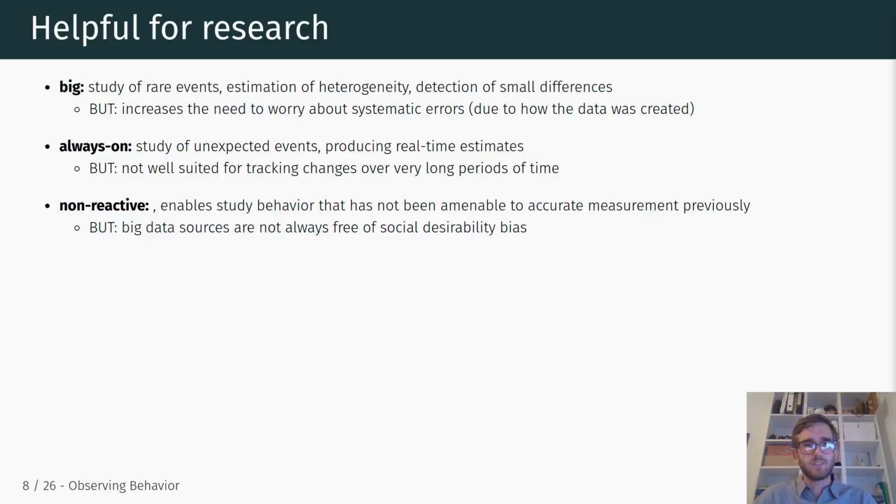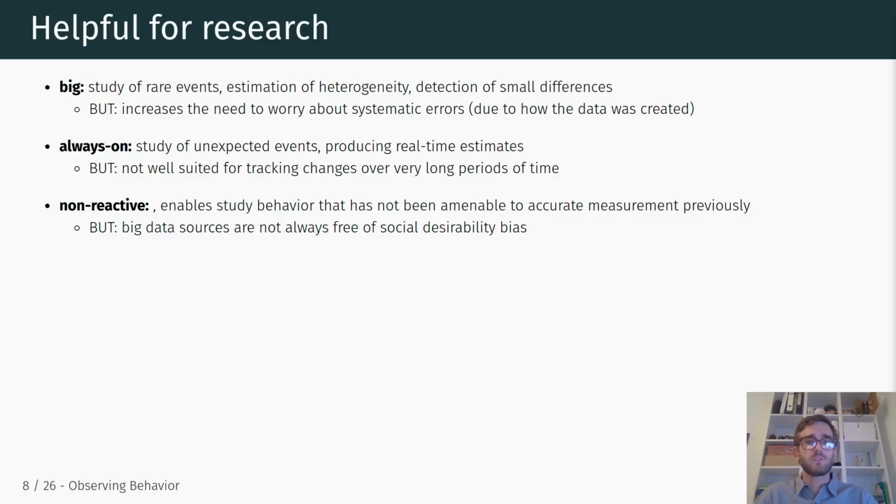One of the examples mentioned in the book is the study that used search behavior to look at racial biases. People Googling terms are not necessarily thinking about social desirability when they type in search terms into Google.